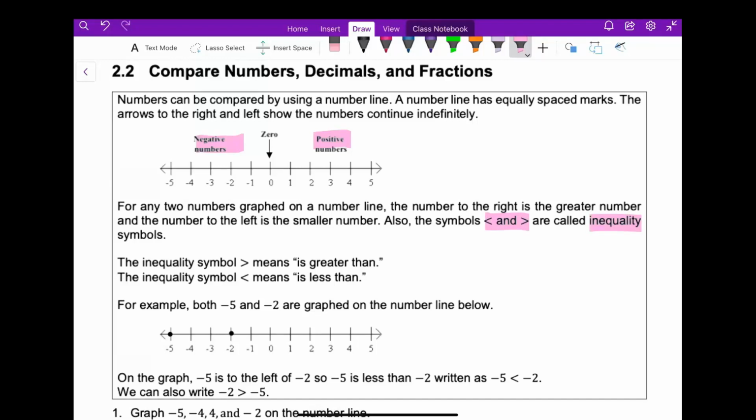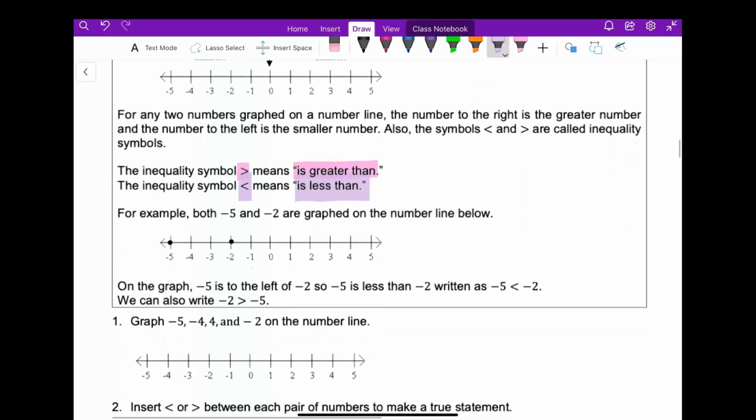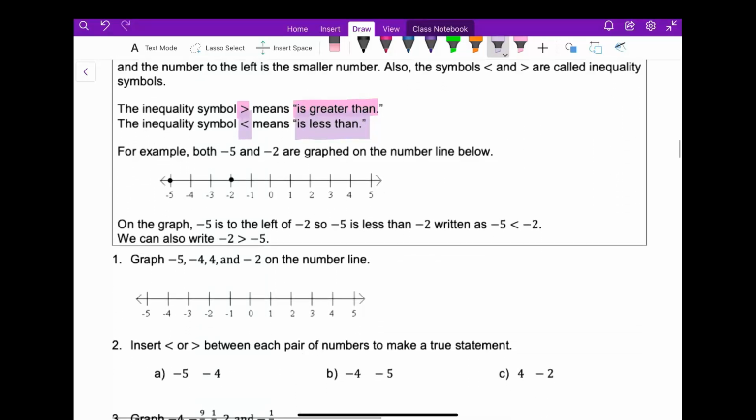This one is greater than, and then we have less than. So here we have some examples, and this is what we're going to be doing in this section. We're going to graph, and then we'll compare.